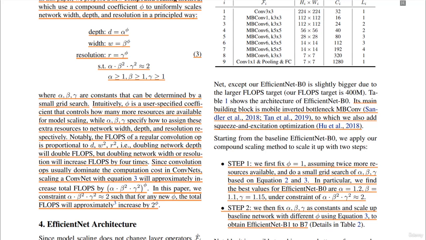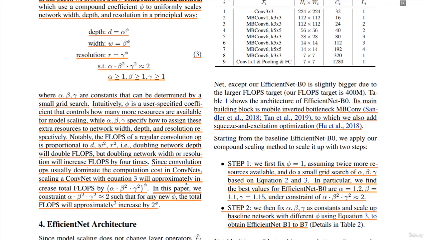And so fixing or constraining these alpha, beta, and gamma parameters such that alpha times beta squared times gamma squared is approximately 2 is the same as saying the increase in the number of operations will be proportional to 2 to the power of phi, since alpha times beta squared times gamma squared approximately equals 2.